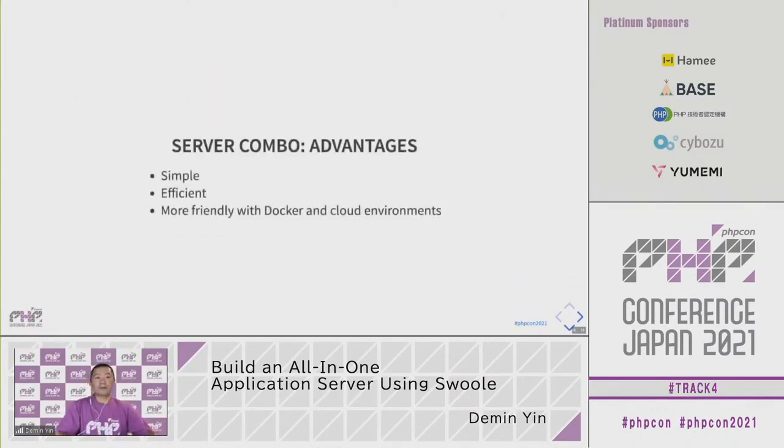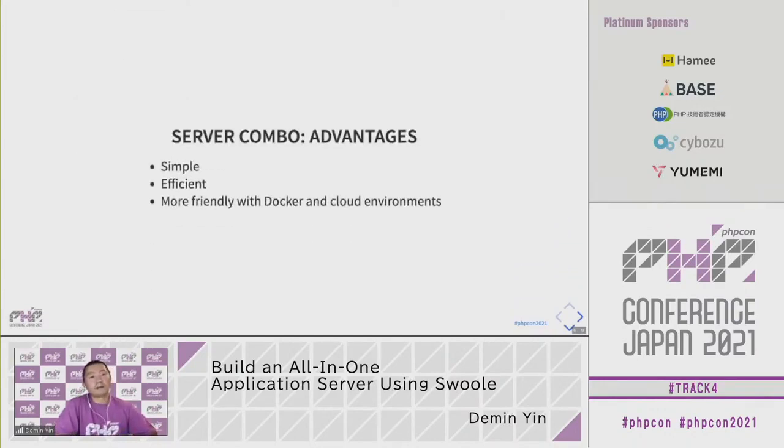And there are a bunch of advantages to this solution. The first is pretty simple. We have one piece of code, and it has all those three components in it. We don't use any third-party systems like Jenkins or something else. The second thing is that it's pretty efficient.